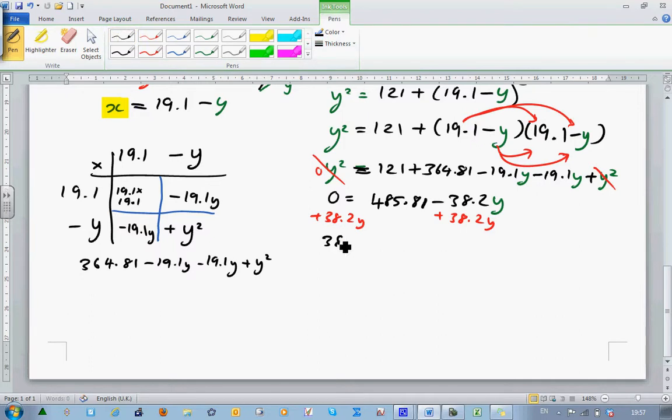And now 485.81 divided by 38.2 is 12.7 approximately. So y is approximately 12.7 centimeters.